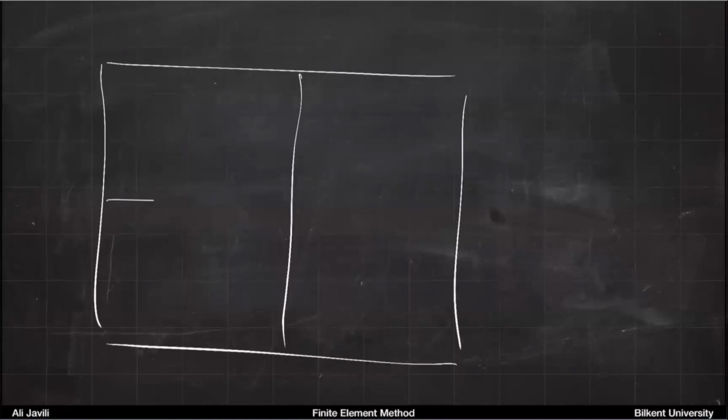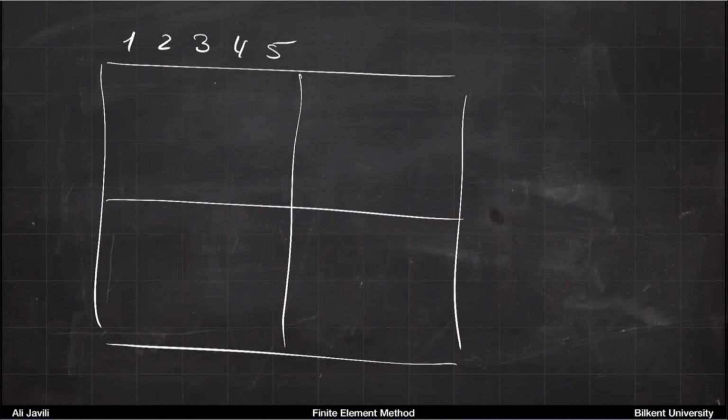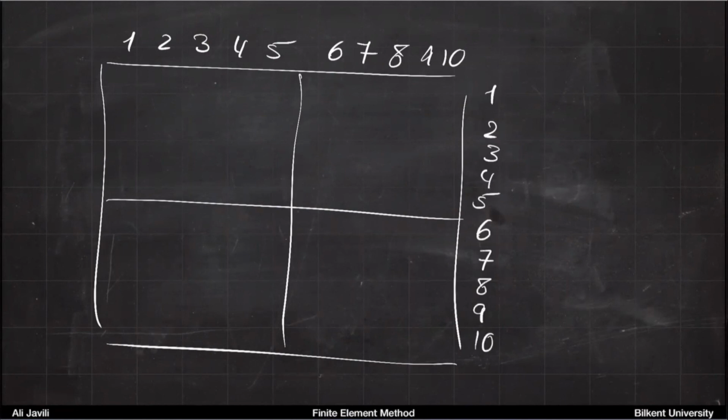It will have 4 parts, and then you would have degrees 1, 2, 3, 4, 5 here, because these are your free degrees, and then you would have your 6, 7, 8, 9, 10 here, and then again 1, 2, 3, 4, 5, and 6, 7, 8, 9, 10. Okay, and then everything that you have to do at this point is just going back to those stiffness matrices that you had. You pick those components and bring them to this one.